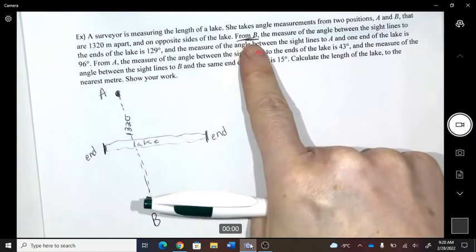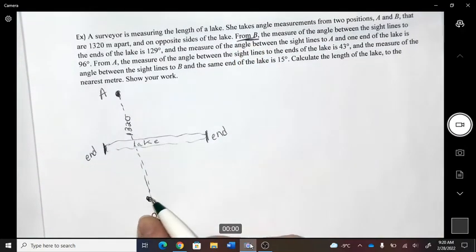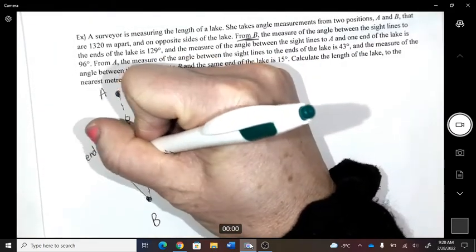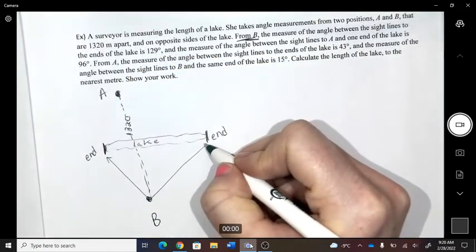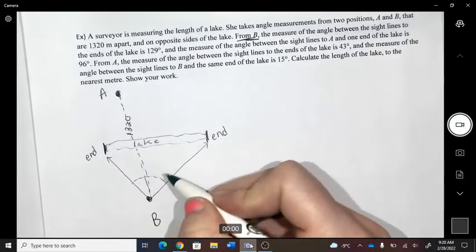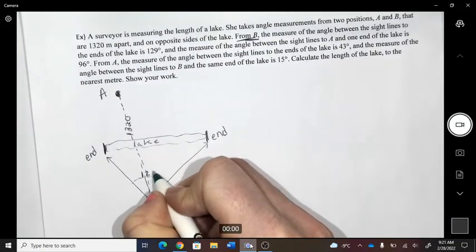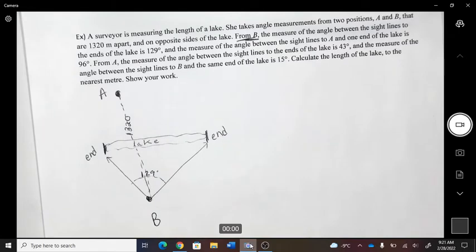From B, so put your pen on point B. From B, the measure between the sight line to the ends of the lake is 129. So that whole angle is 129 degrees.